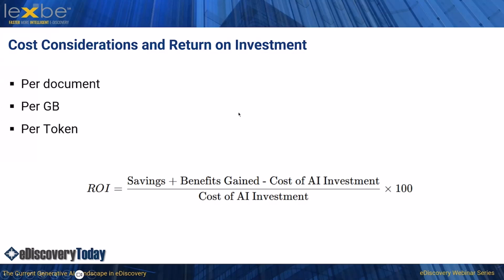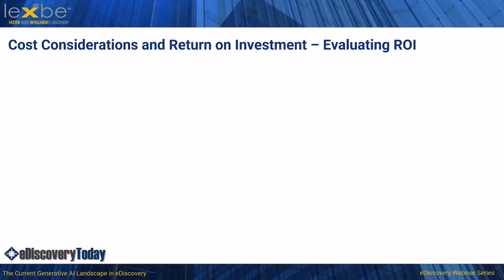So how do you justify the cost of using Gen AI in eDiscovery? Here's some of the things you should take a look at. The first thing is the cost savings when you compare to manual review. Certainly, one of the things you can expect is that AI can reduce document review hours, and document review is still the most expensive phase in eDiscovery.